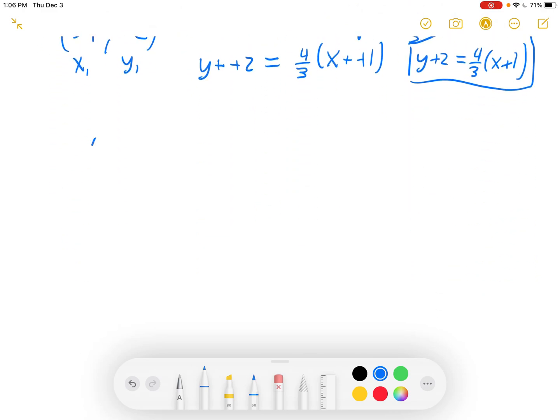Now sometimes they'll give you points, but they won't necessarily give you the slope.